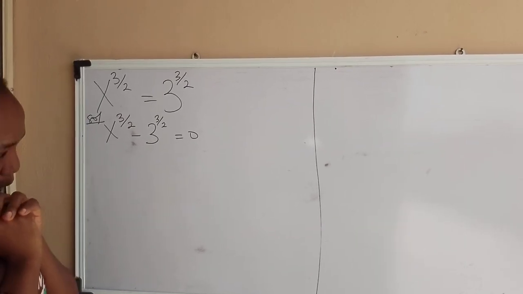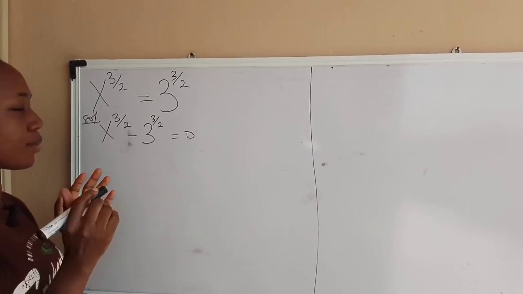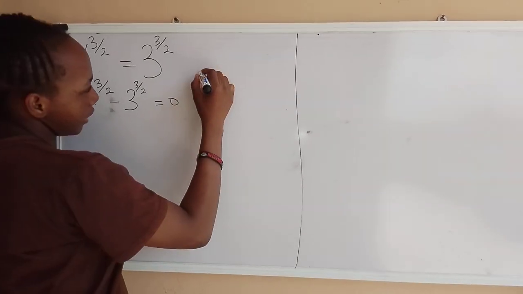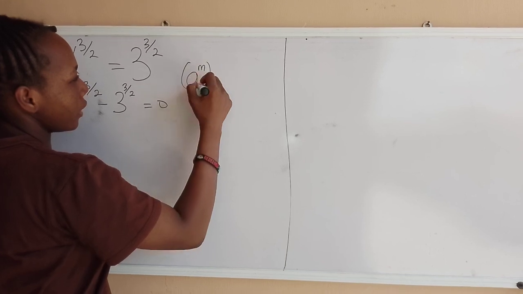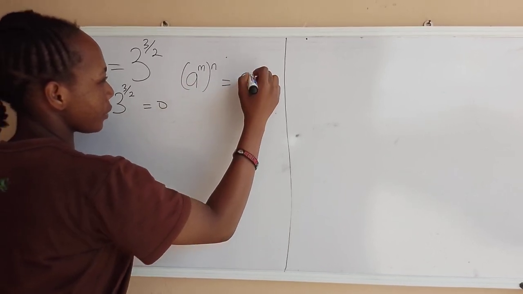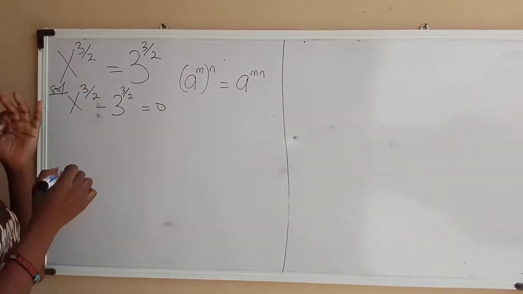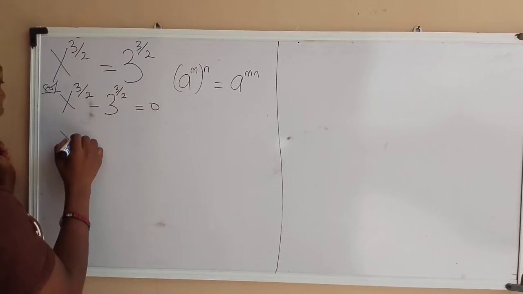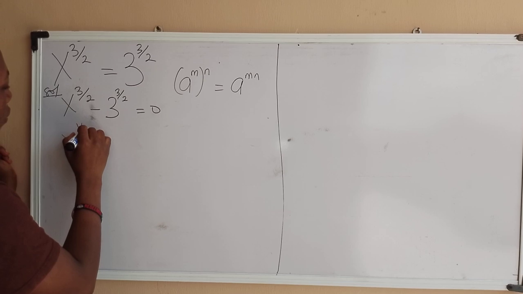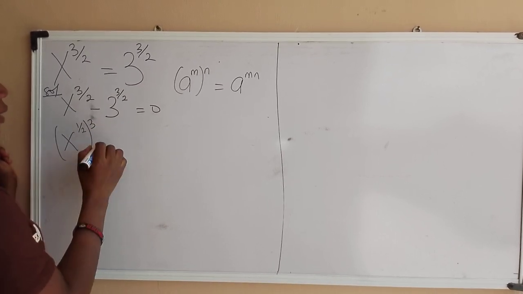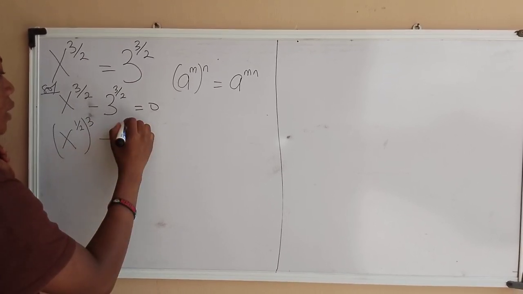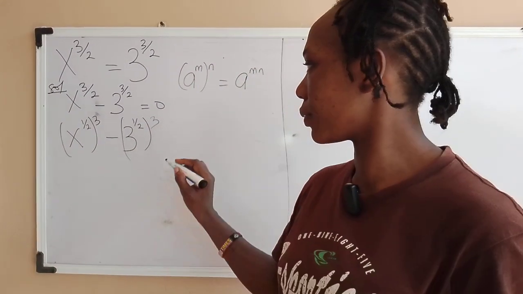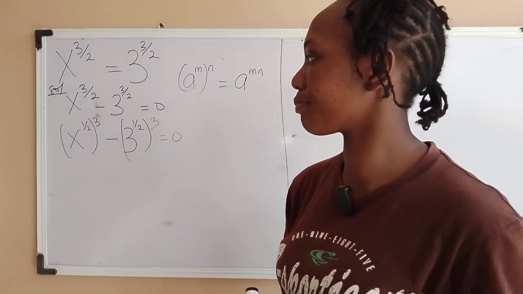Next, we're going to apply the law of indices again, that says a^(mn) is equal to (a^m)^n. We're going to see how we can split these powers in twos. So we'll say (x^(1/2))^3 minus (3^(1/2))^3 equals 0.